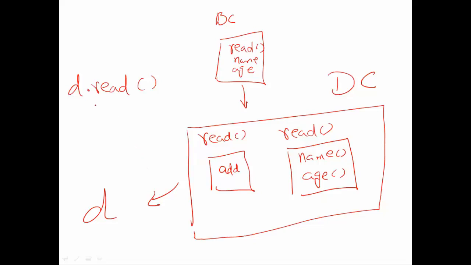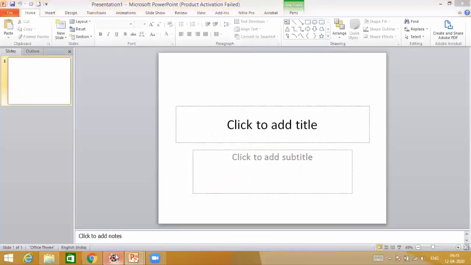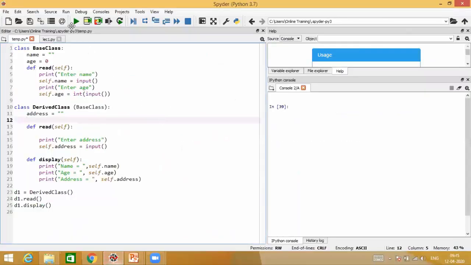Now when D has to call a read method, it has to choose between these two read methods. उसके सामने एक method है जो उसका अपना method है, ये वाला, और ये method है जो कि inherit होके आया हुआ है. Now this d.read will go ahead and call उसका अपना function. It will not try to call the method belonging to the base class. So this is overriding.